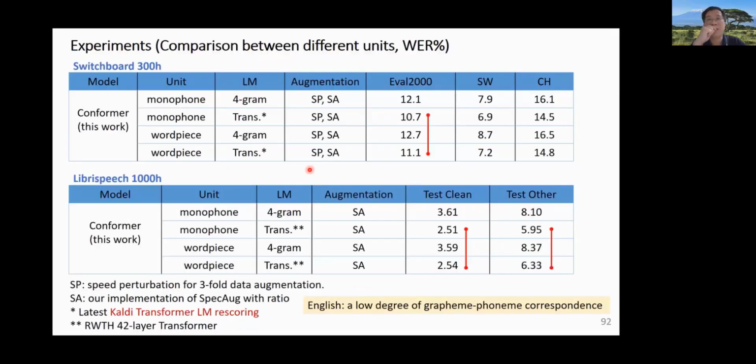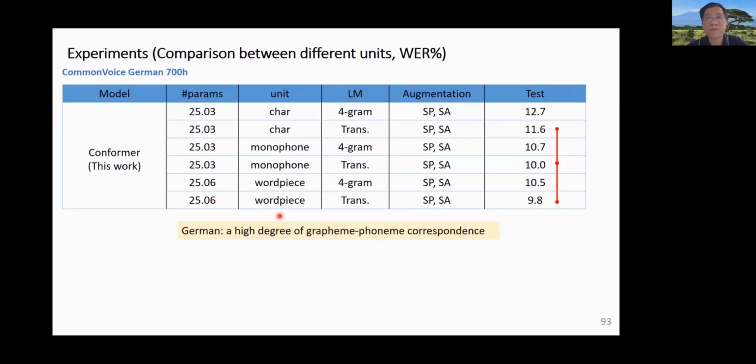Word piece systems are slightly worse than monophone, as we show here, presumably because in English there is a low degree of grapheme to phoneme correspondence, so a pronunciation lexicon is beneficial for improving recognition performance.